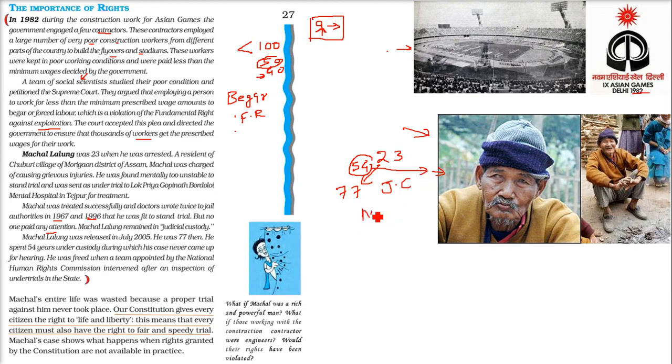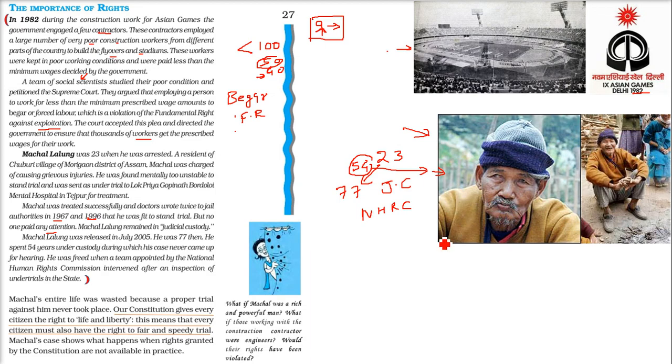The National Human Rights Commission, NHRC, intervened, and after the inspection of the under trials, they found that this person was not even being given a proper trial, and he came out at 77. So these are the two stories which tell us that their rights have been violated.